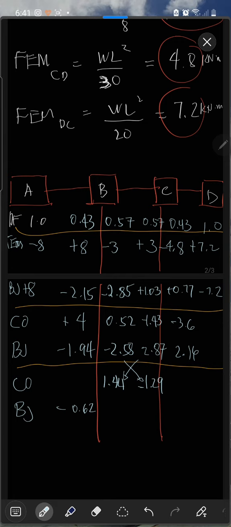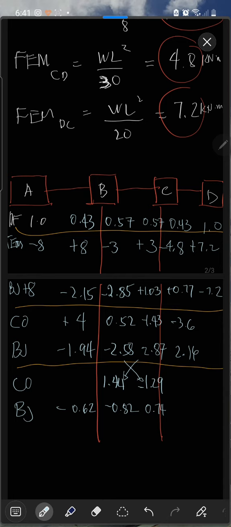Then 1.44 times 0.57, we have 0.82. Change the sign, negative 0.82. Okay. Then next is negative 1.29, wala na kayo ma-add, times 0.57, we have negative 0.74. Then change the sign, we have positive 0.74.